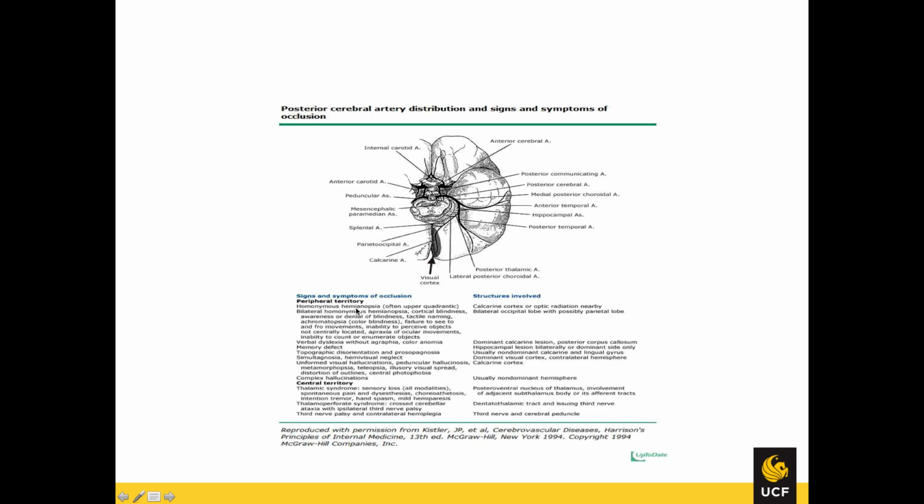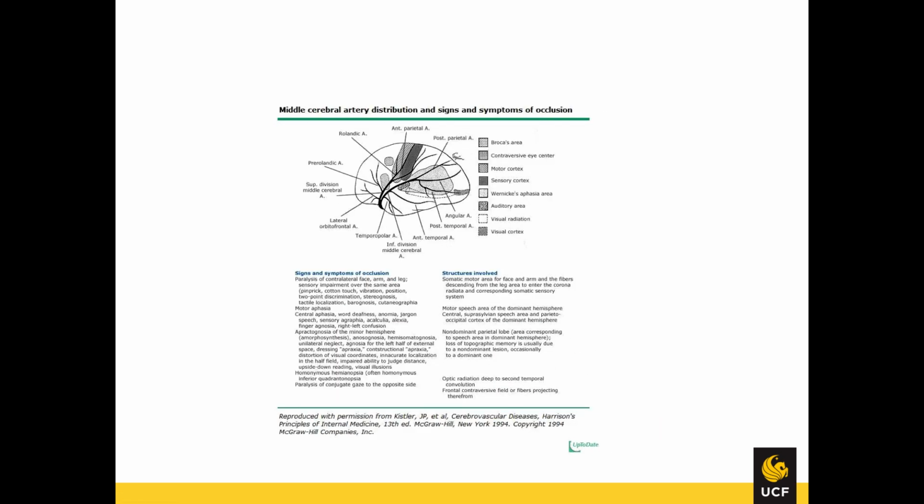Hemianopsia, where you actually have blindness in half of the visual field. So you can see that visual disturbances are going to occur oftentimes with a posterior cerebral artery occlusion. So really, like I said, going back to what I said here.